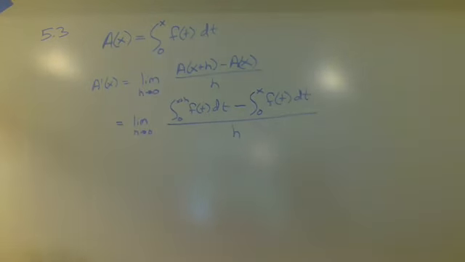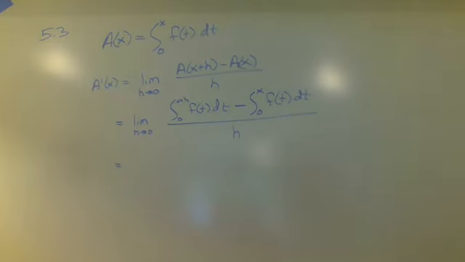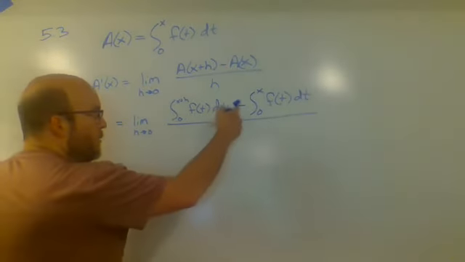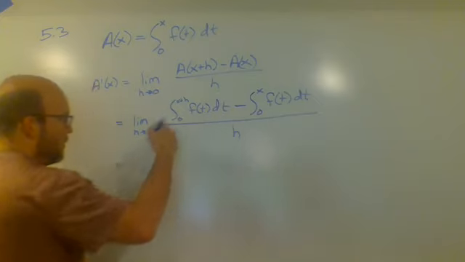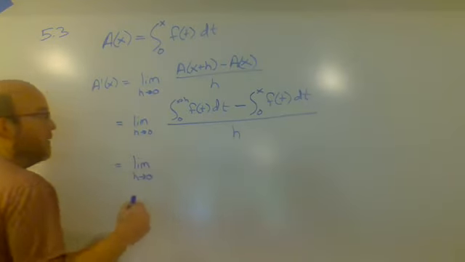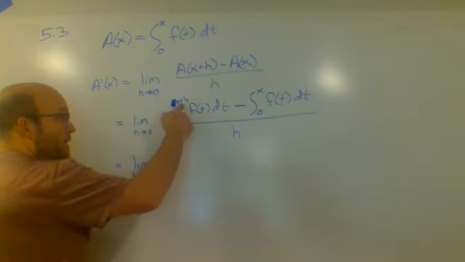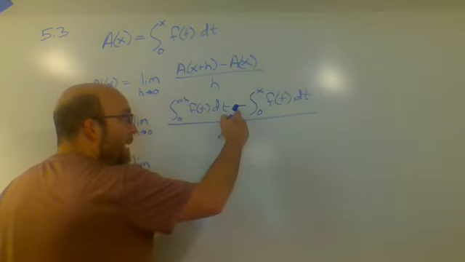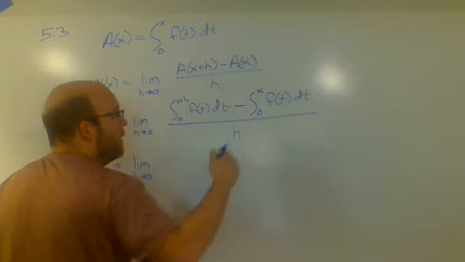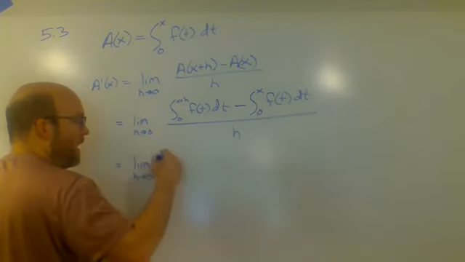And then finally, this is something that I did not bring up when we were going over sections 5.1 and 5.2 because I maybe should have made a passing mention, but we talked about it before. It's in the textbook. But remember that we do have some rules for definite integrals. Just taking a look at this, if I'm taking the whole area from 0 to x plus h, and then subtract away the area that's going from 0 to x, the amount of area that we're left with is the area that's between x and x plus h.